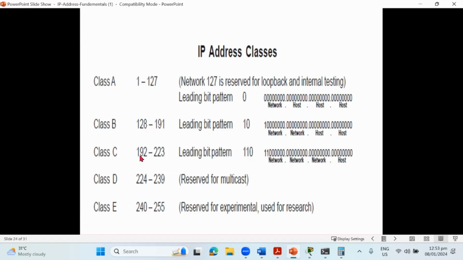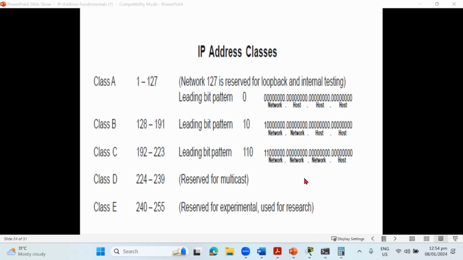Class C is 192 and up; the starting number is always the basis for knowing whether it is class A, B or C, with A.B.C for the network and .D for the host. Class D, 224 to 239, is reserved for multicast, sending data to many at once. Class E, 240 to 255, is reserved for experimental use, for research. So those are the classes of IP address.